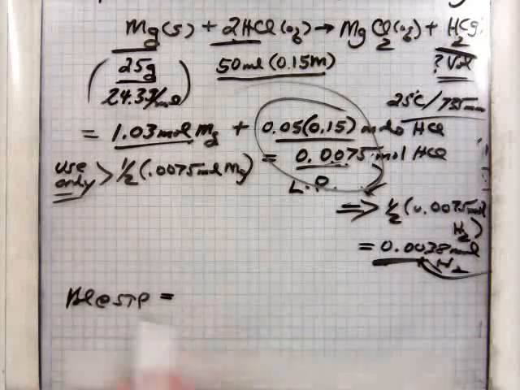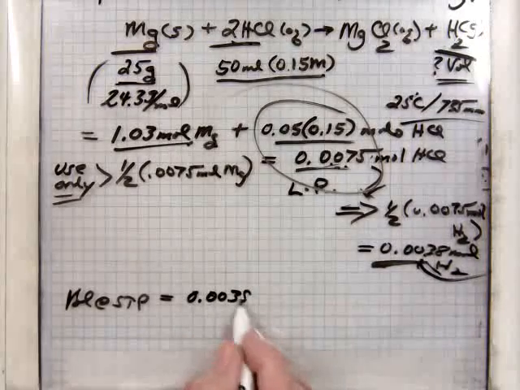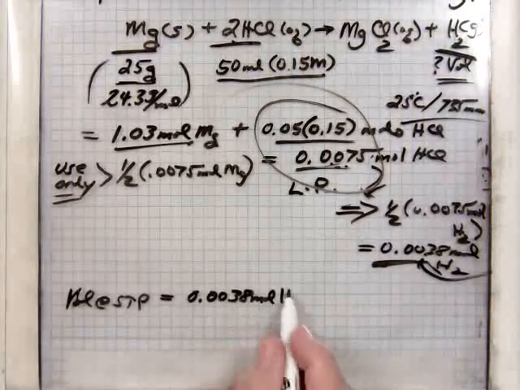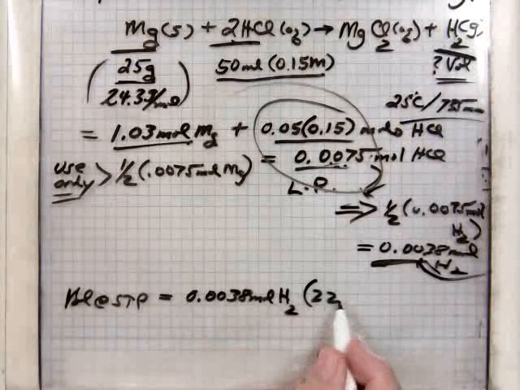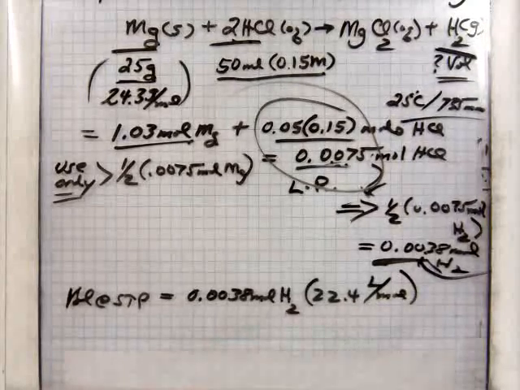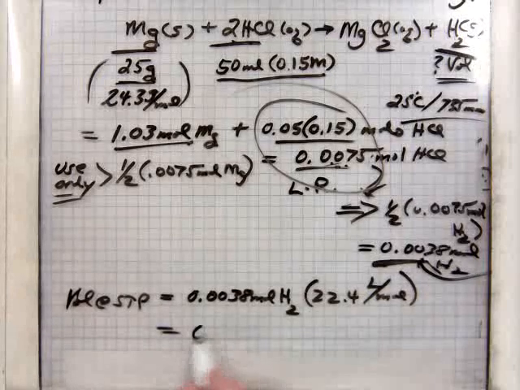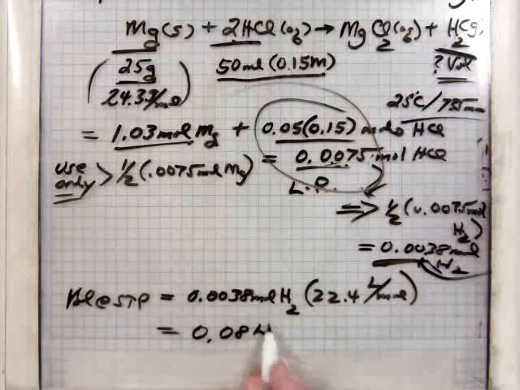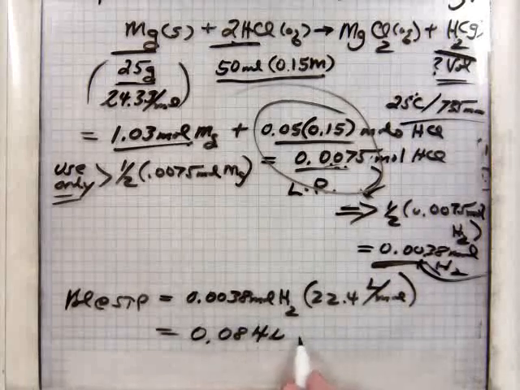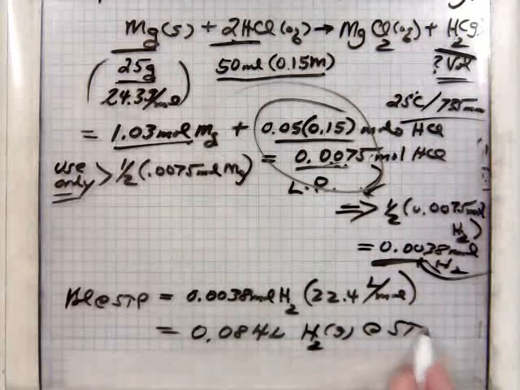So the volume at STP is 0.0038 mole of H2 gas times 22.4 liters per mole for any gas at STP. And we have 0.084 liters of the hydrogen gas at STP.